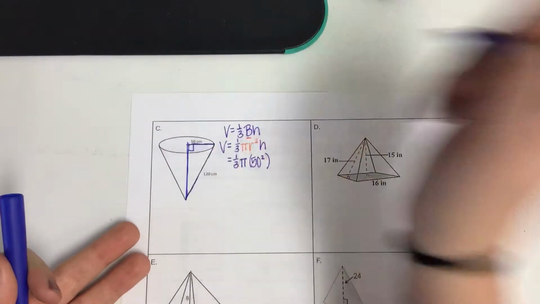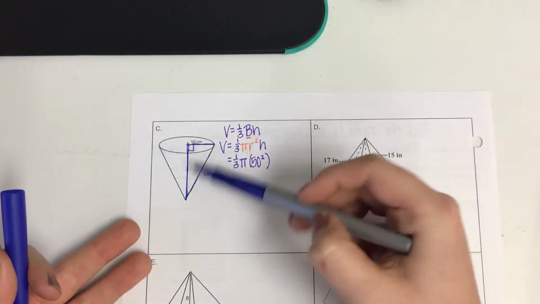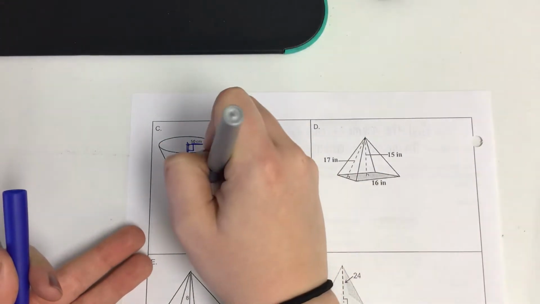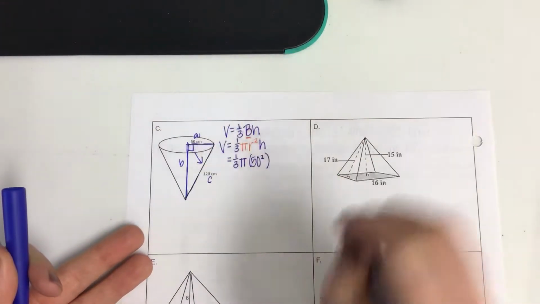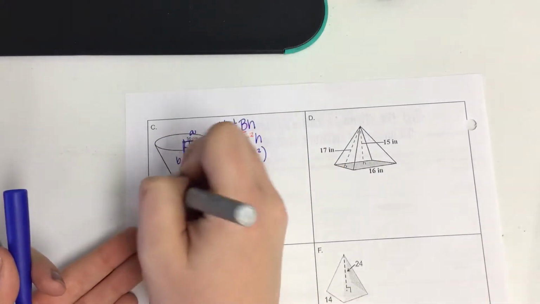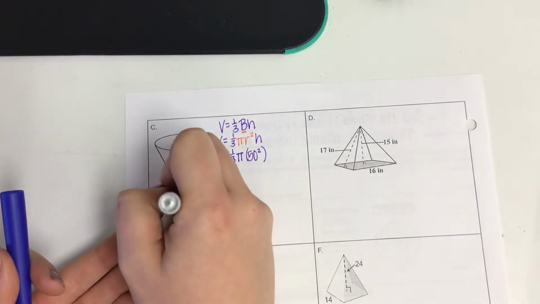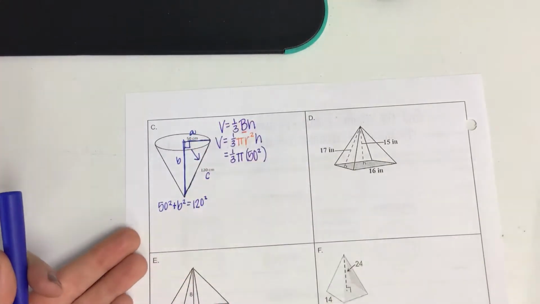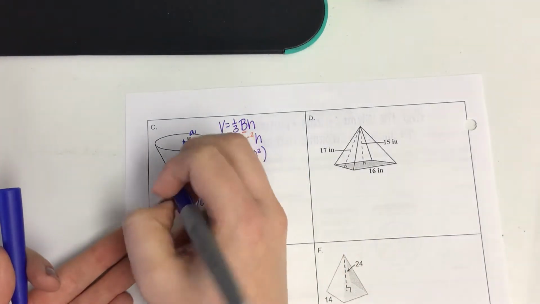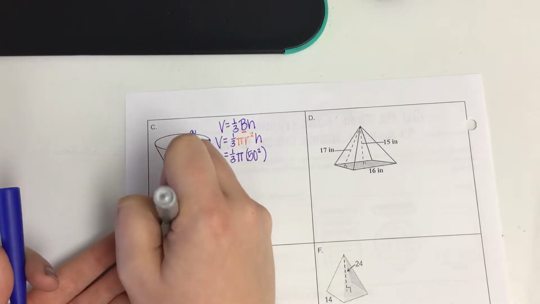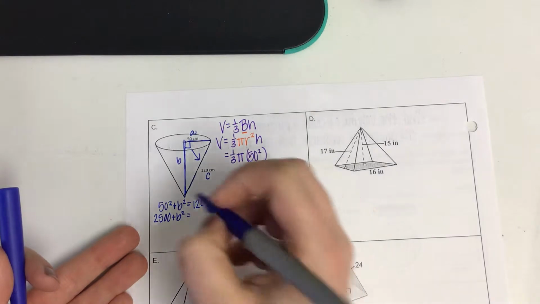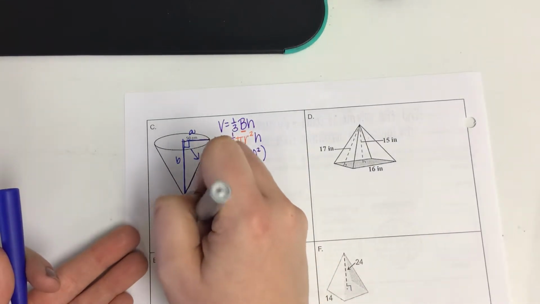So in order to find our missing side, we again have to use Pythagorean theorem. The side across from our right angle is C, so we can say this is A and this is B, and we need to solve for B. So we're going to have 50 squared plus B squared equals 120 squared. 50 squared is 2,500 plus B squared equals 120 squared is 14,400.